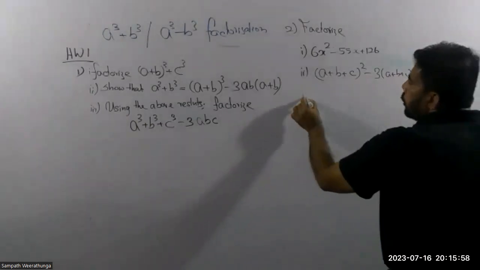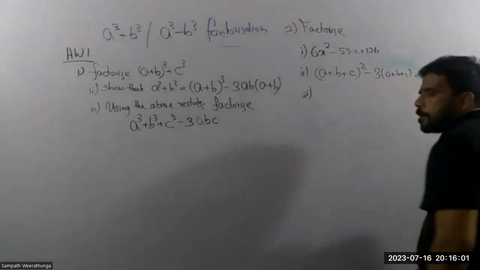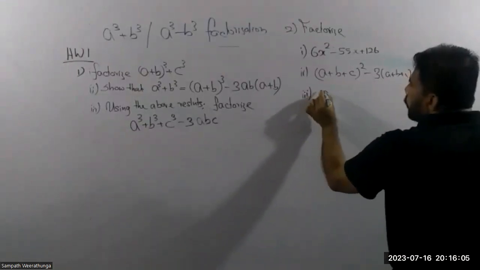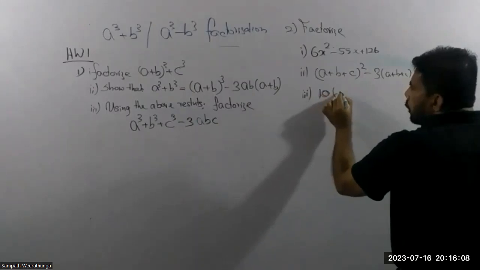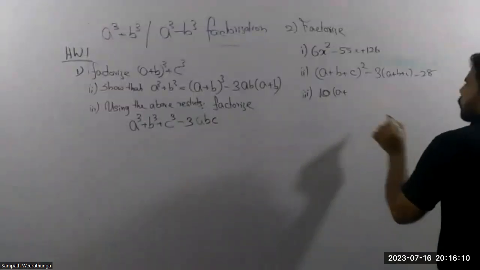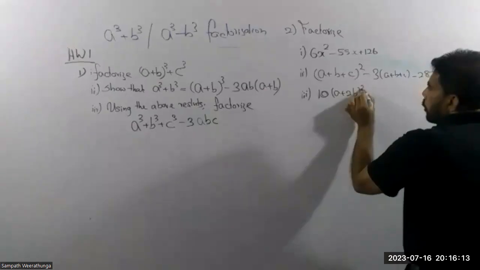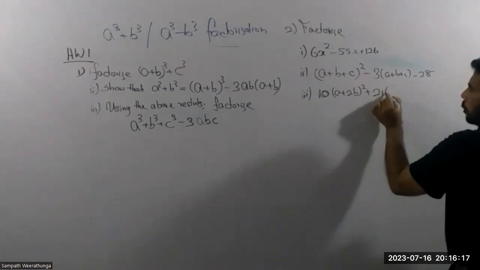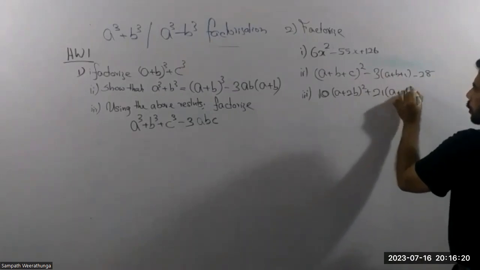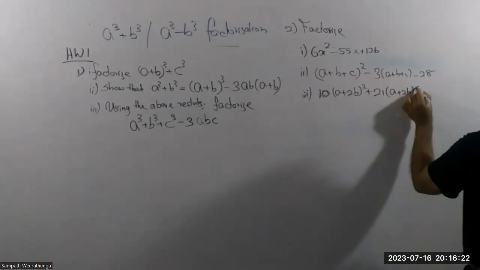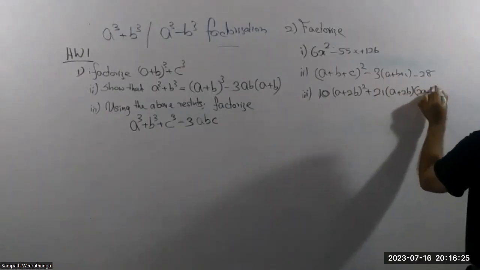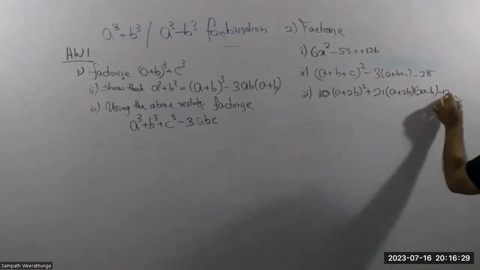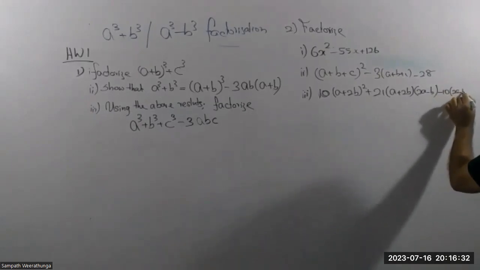The third one, we need to find out factors. 10(a plus 2b) squared plus 21(a plus 2b)(2a minus b) minus 10(2a minus b) squared.